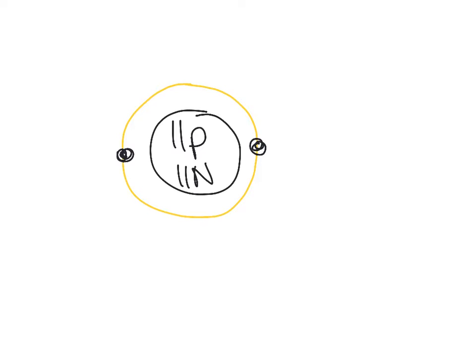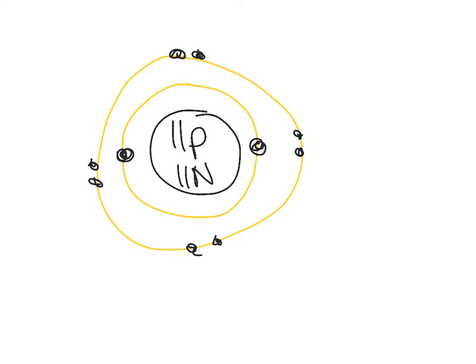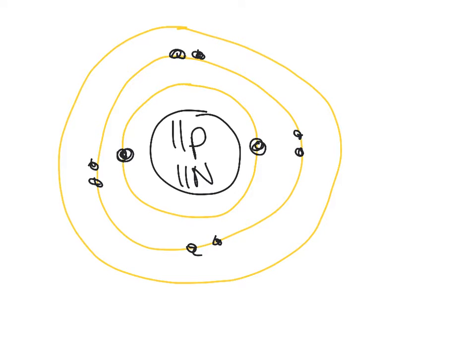So I'm going to move that over. So I can fill 2 in that first row. I can fill in the second row 1, 2, 3, 4, 5, 6, 7, 8. So then I have 10 electrons. But then I have 11 total. So I need to have 1 electron just hanging out by itself in this outer ring. And remember, my magic number is 8.